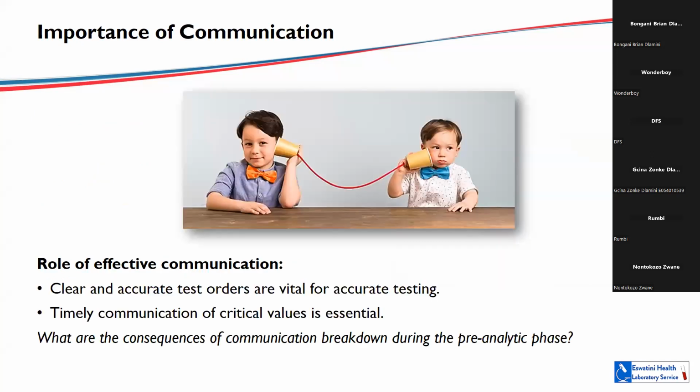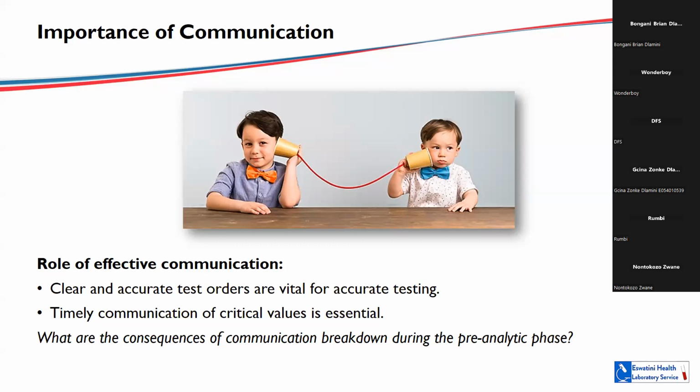So there is that part of communication. Even in the pre-analytical phase, it is very critical to communicate. Effective communication helps save a lot of unnecessary mistakes. We need to have clear and accurate test orders, which are vital for accurate testing, and it should be done in a timely way.